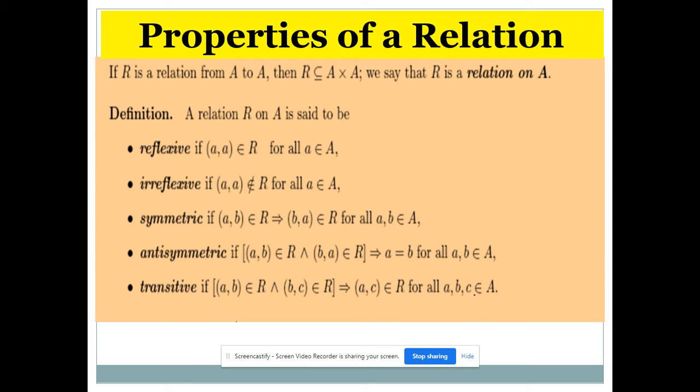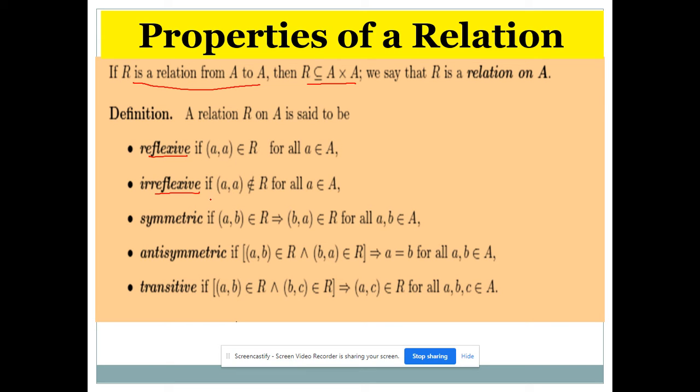Now a relation has some properties. If we define a relation from a set A to set A itself, then of course R will be a subset of A cross A, and we say that R is a relation on A. Then it has certain properties. One is the reflexive property: (a, a) belongs to R for all a.